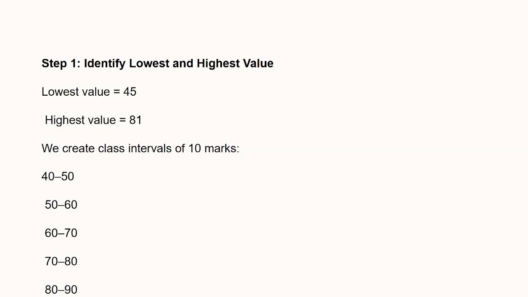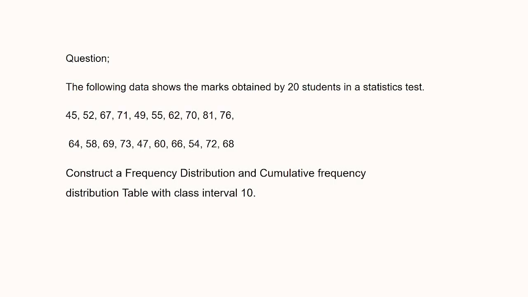Now the first step is to identify lowest and highest value. In this data, let's see the lowest value. The lowest value is 45 and find the highest value, that is 81.